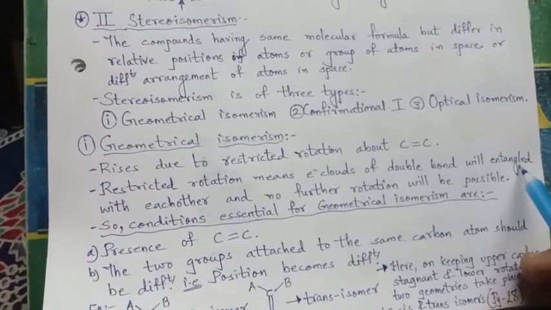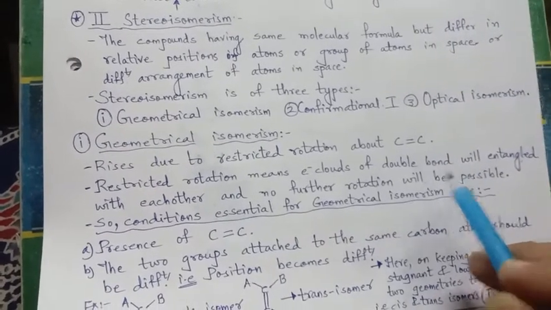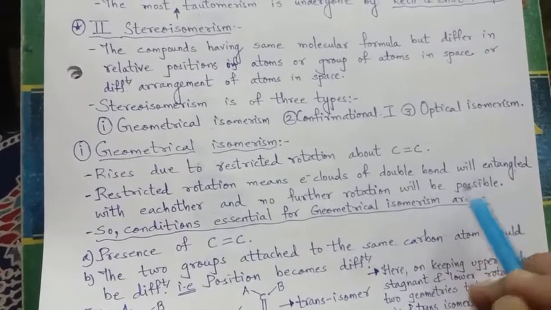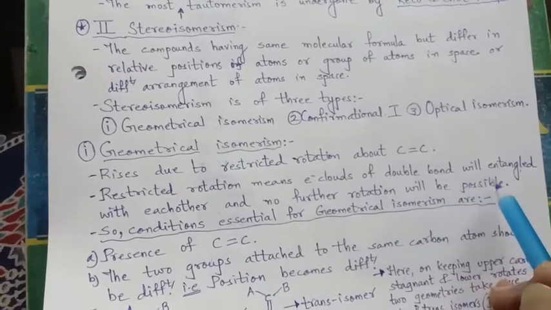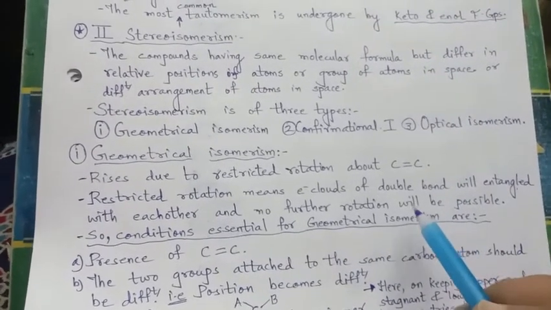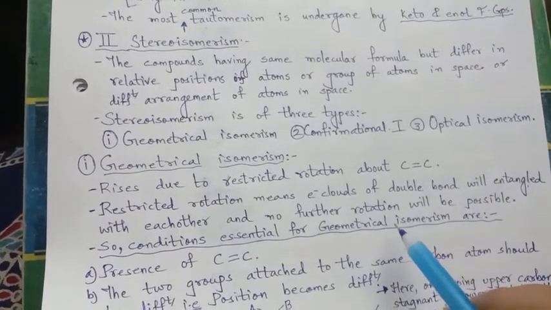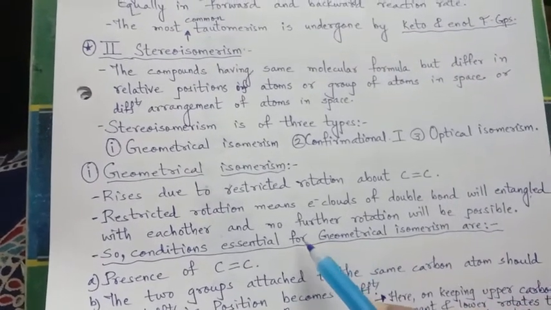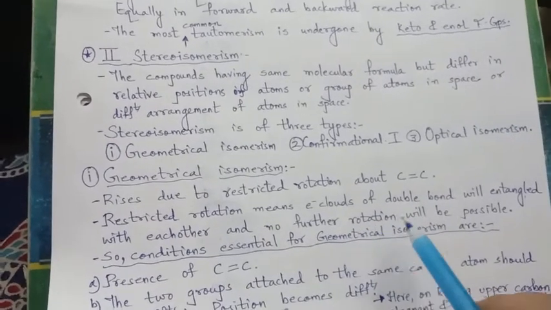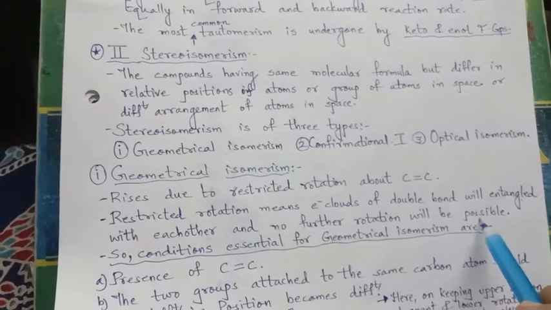So when the double bond is between the carbons and they are trying to rotate, because of the double bond between them there will be no more space around to rotate, so they will experience obstacles and no further rotation will be possible. It is called restricted rotation.